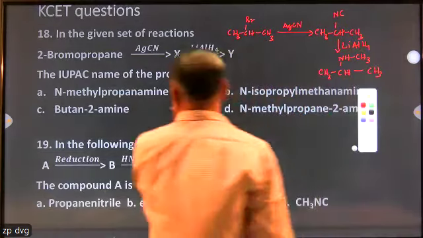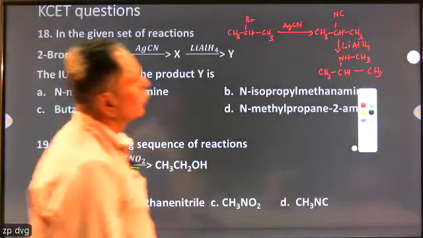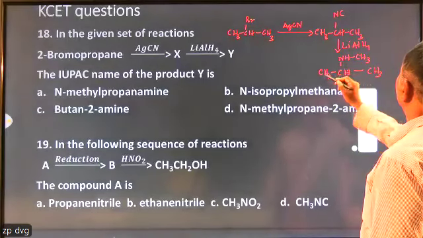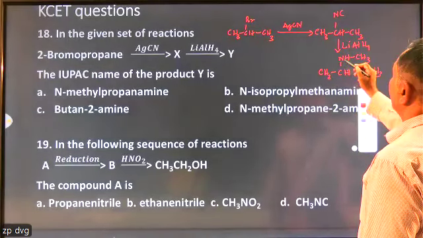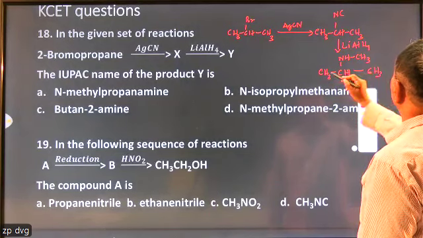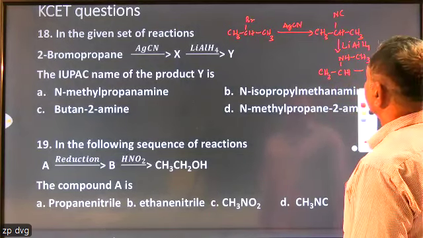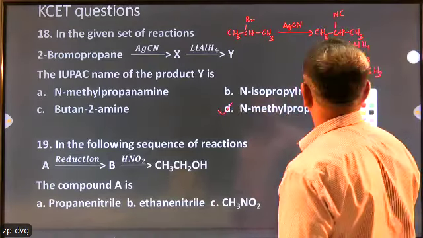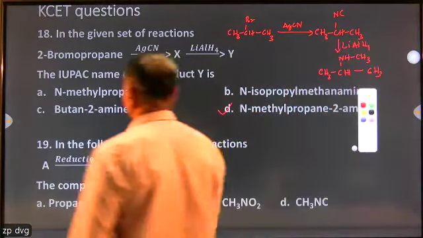Now what is the name of this compound? So it is N-methyl propane 2-amine. So that means the answer is D. D is the correct answer.